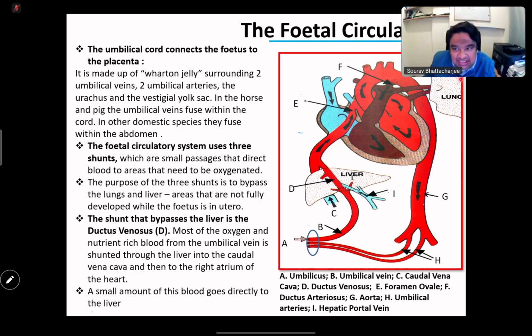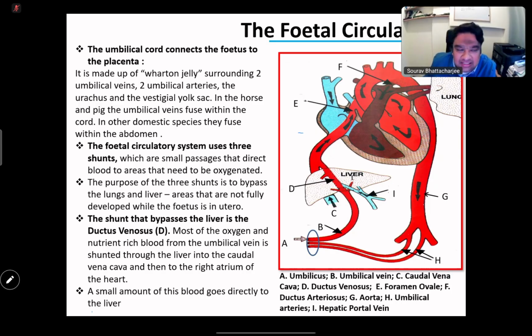And the moment they expand, the pulmonary trunk is now functional because now it can divert blood to the lungs. The lungs are functional. And the moment they are functional, this ductus arteriosus is no need anymore. In fact, it's a problem. So this ductus arteriosus will automatically close.